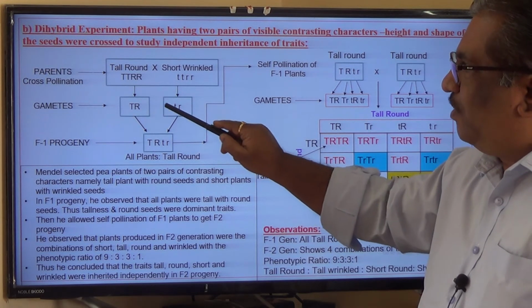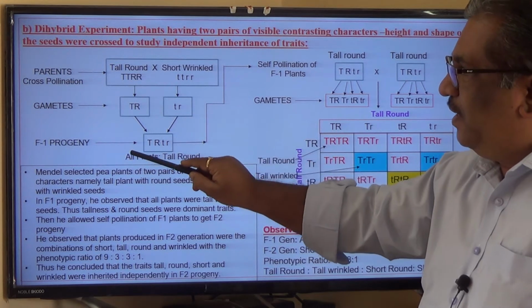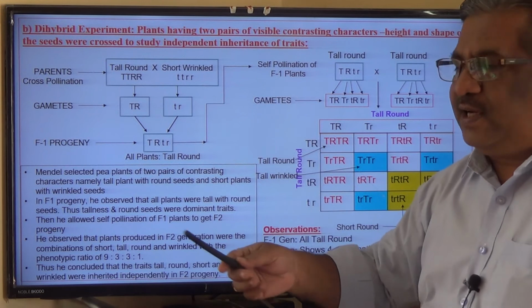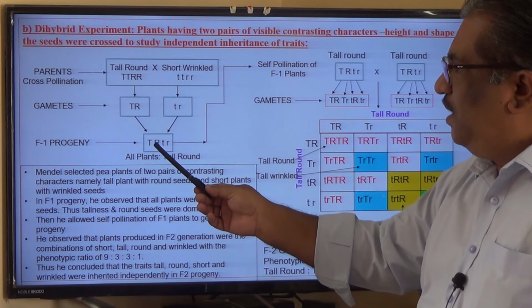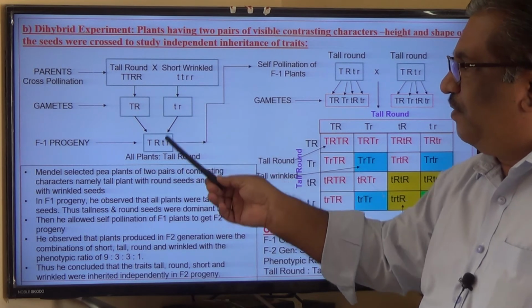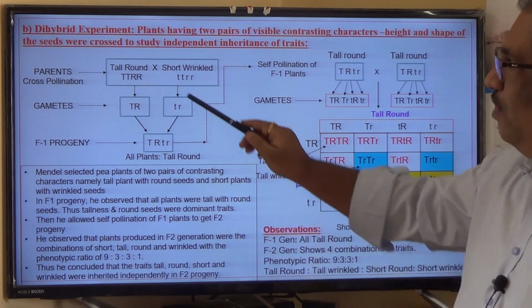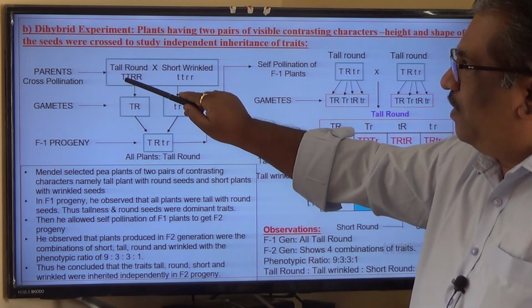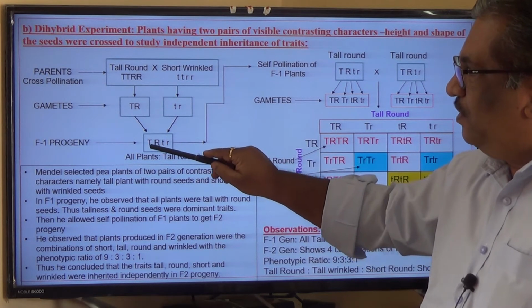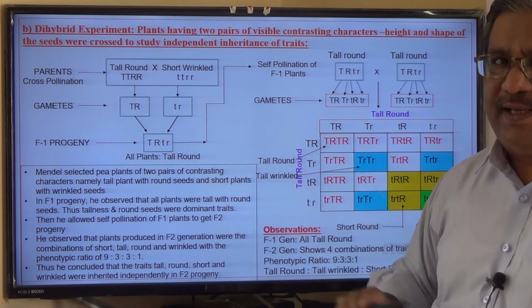When these two were cross pollinated, the resulting F1 progeny plants were having a genetic composition capital T, capital R, small t, small r. This is nothing but the combination of these two. So originally in the plants there were 4 genes, and the new generation plants also there are 4 genes or alleles, you can say.